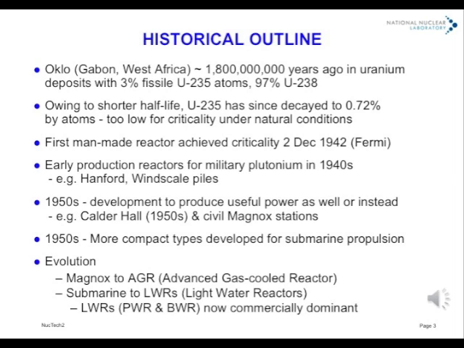However, with a shorter half-life of 704 million years, compared with 4.47 billion for uranium-238, the natural 235 content has now fallen to 0.72% by atoms. At this concentration, the distance between fissile nuclei is too great for enough neutrons to get through ordinary water, so other moderators had to be used in the original military reactors.